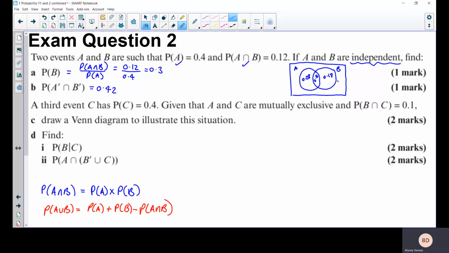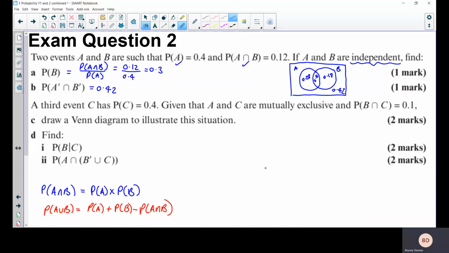Okay, because the union is going to equal 0.58, so the outside will be 0.42. So a little bit more working out for that one. Either show it's going to be 1 minus the union, 1 minus 0.58, use the formula, use your Venn diagram, something like that.